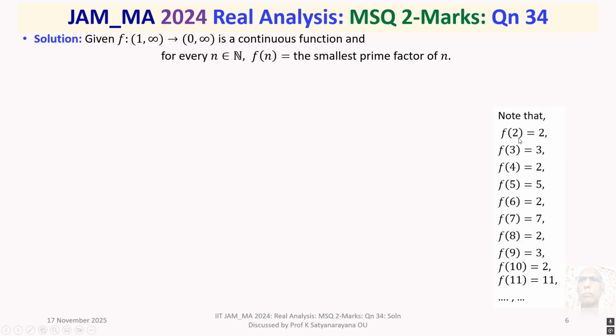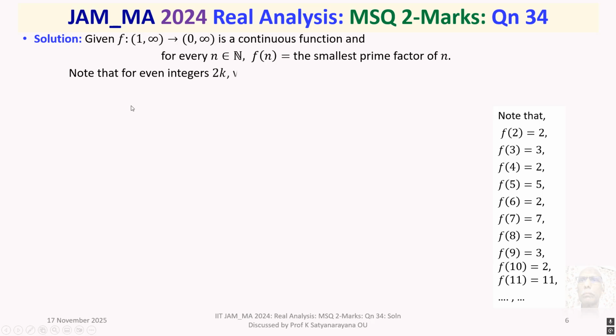f of 2 will be 2 because the smallest prime factor of 2 is 2. f of 3 is 3. f of 4 is 2 because 4 is 2 squared, and the smallest prime factor is 2. f of 5 is 5. f of 6 is 2. f of 7 is 7, f of 8 is 2, f of 9 is 3, f of 10 is 2, f of 11 is 11, etc. From these, what we see is that f of an even natural number is 2 and f of a prime number p is p.